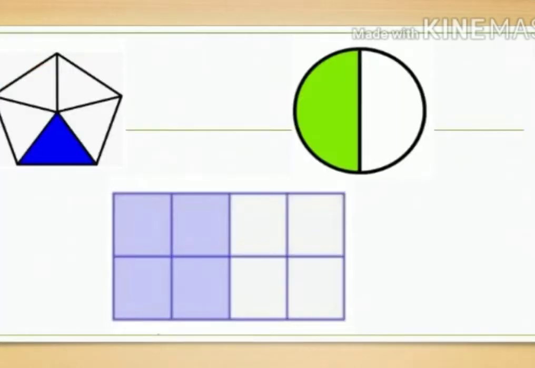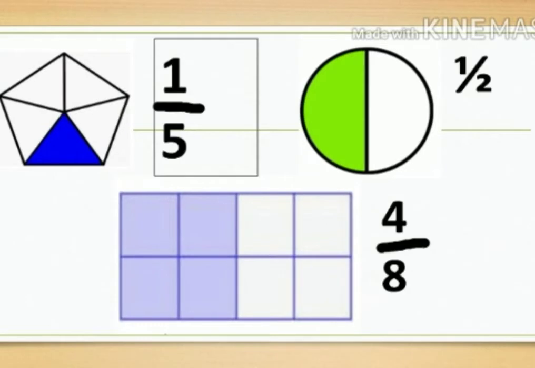So what about these fractions? In the first shape, I can see the colored portion is 1 out of 5 equal parts. So it is 1 by 5. In the second shape, the circle, I can see the colored part is 1 out of 2 equal parts. So it is 1 by 2.